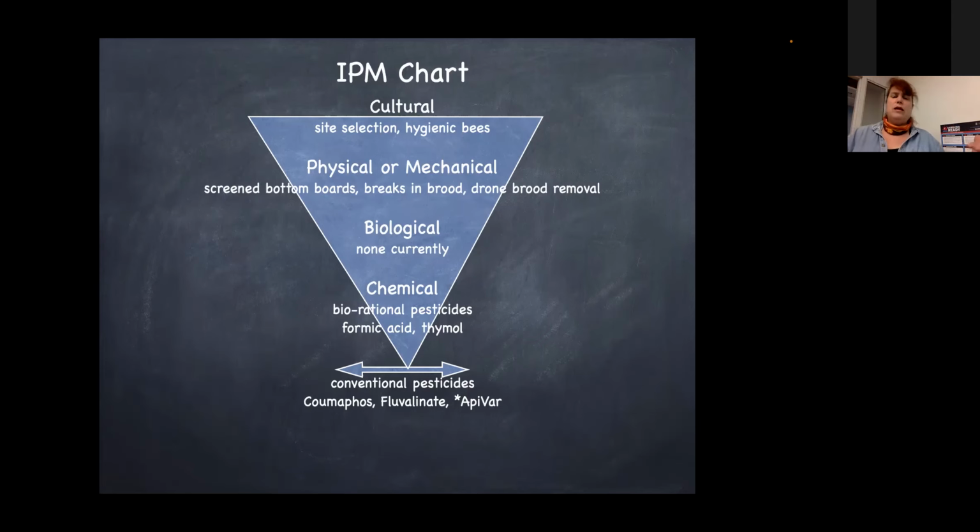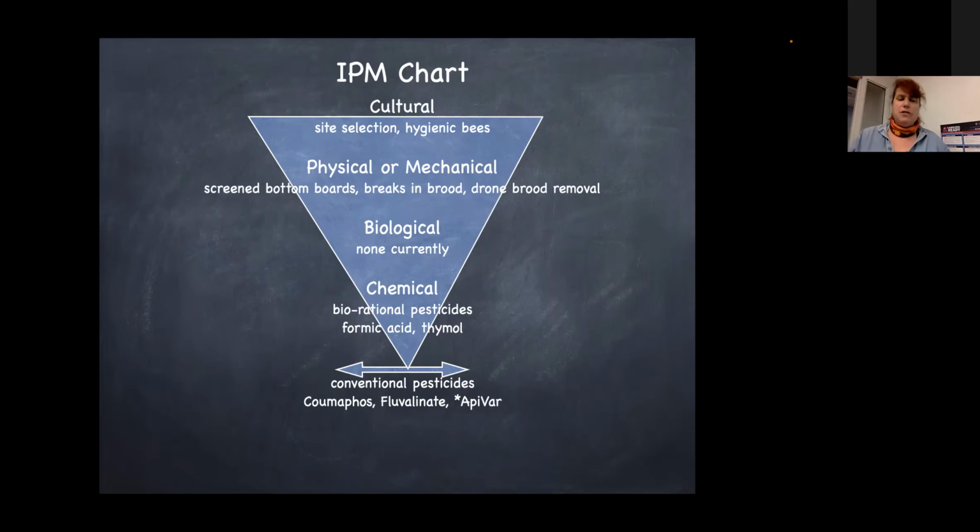And then when you look at chemicals, they use this interesting term, biorational pesticides, which is kind of organic. It means they're from natural sources. Doesn't necessarily mean they're not ever dangerous, but they're probably better environmentally.